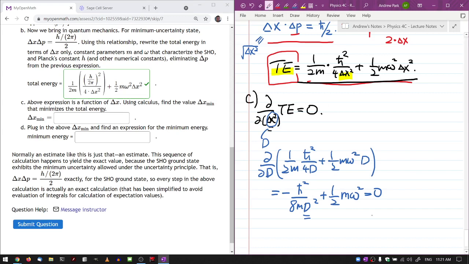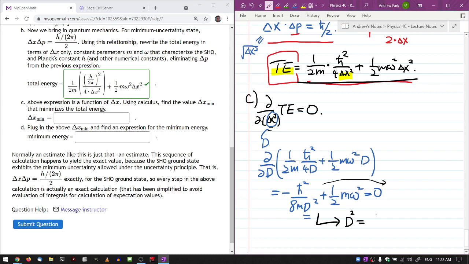So solving it for D, I'm just going to do most of it in my head. So I imagine moving this over, and then move D over by multiplying both sides by D squared. And on the other side, I have 1/2 m omega squared, and then move all this over, so m's cancel out. Wait, so not cancel out.